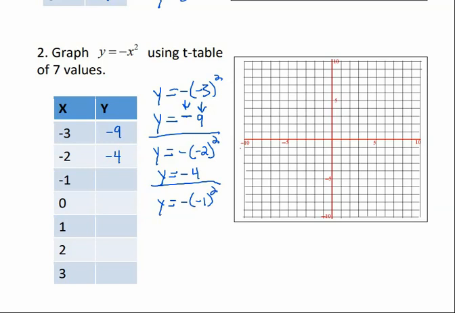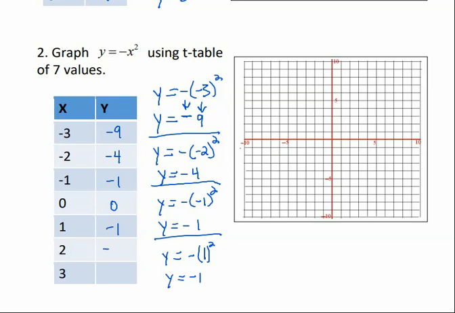So the negative 1 becomes a positive 1, but I have this negative in front, so that's negative 1. And then 0 squared, there's no such thing as a negative 0, so that would just be 0. If I plugged in a positive 1, I have a negative, and then just the 1 is being squared. So then that's still a negative 1.